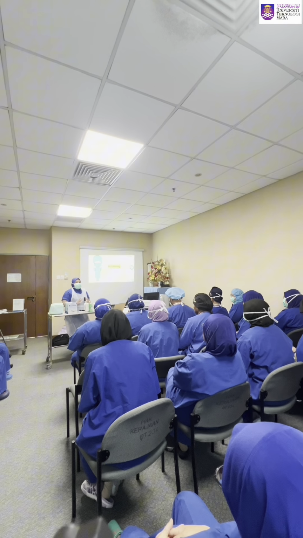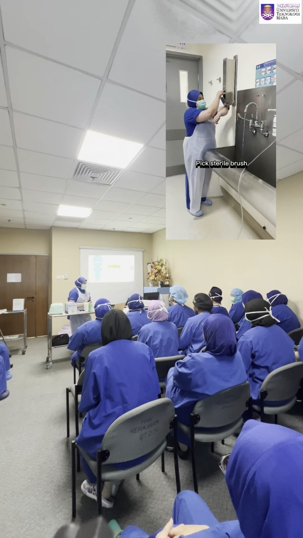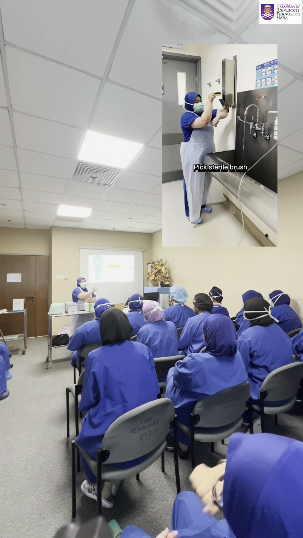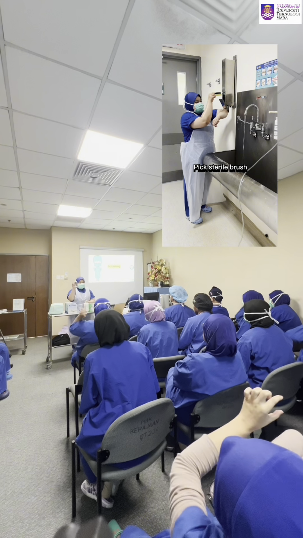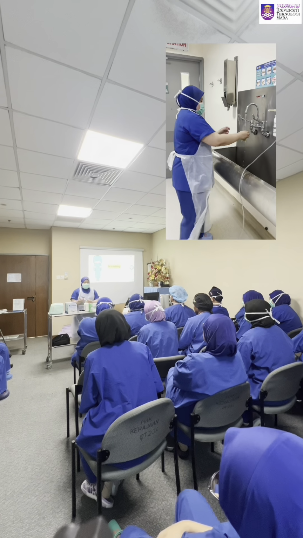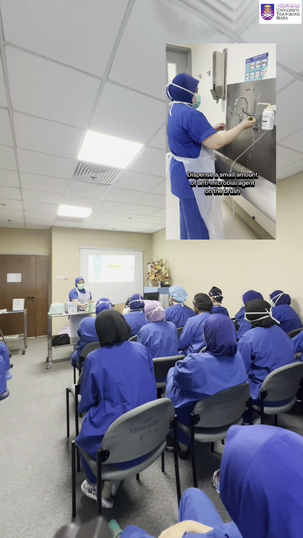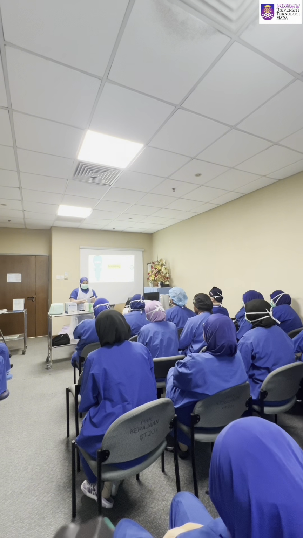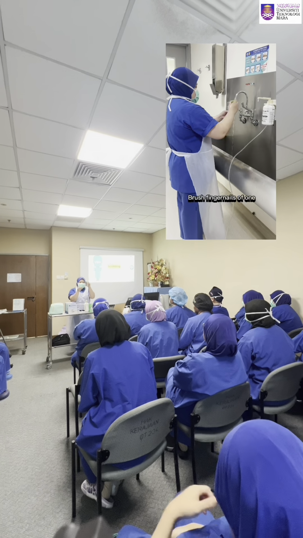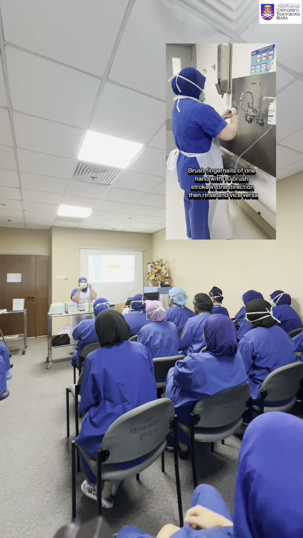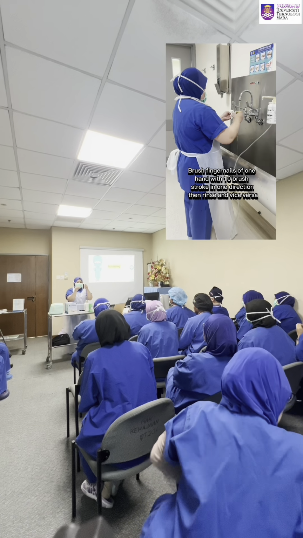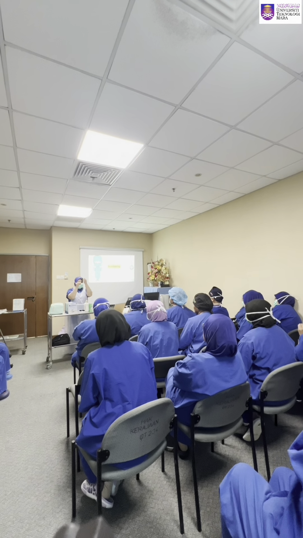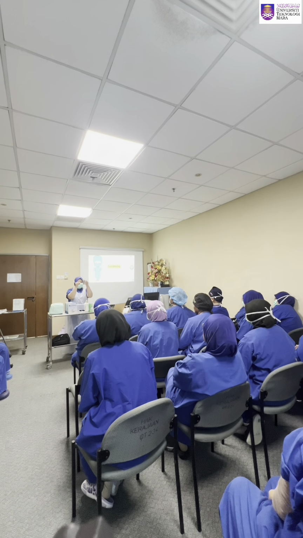Okay, our second step in surgical scrubbing. Pick a sterile brush using your elbow to push out the sterile brush, and then dispense a small amount of antimicrobial cleansing agent, and then you start a brush stroke 1 to 10 on your fingernail. 1, 2, 3, 4, 5, 6, 7, 8, 9, 10.